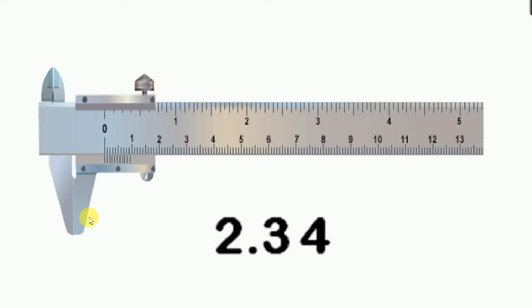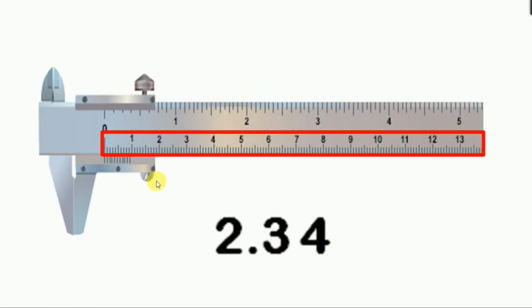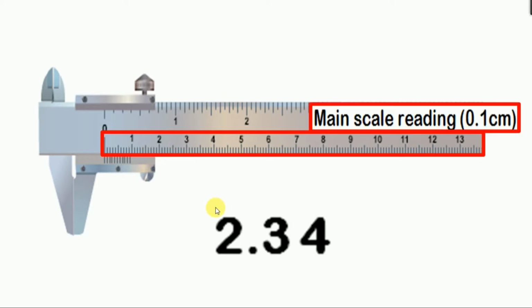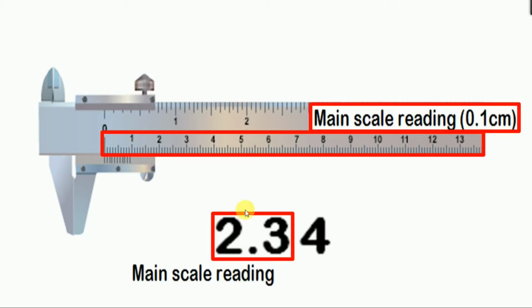Suppose the length measured by this vernier caliper is 2.34. Now this is the main scale, and we know the main scale can measure up to 0.1 centimeter. That means 2.3 comes from the main scale reading.